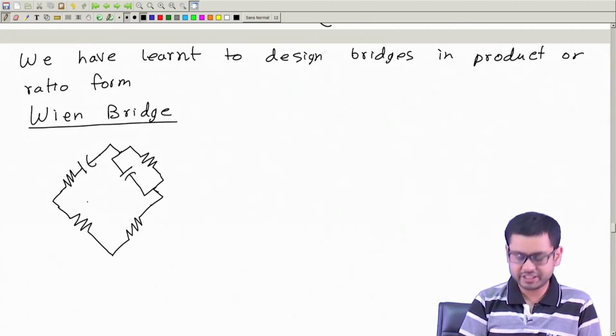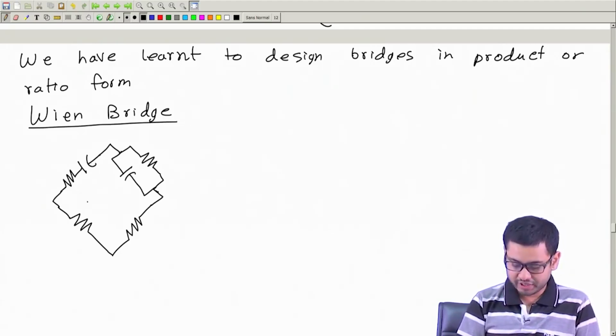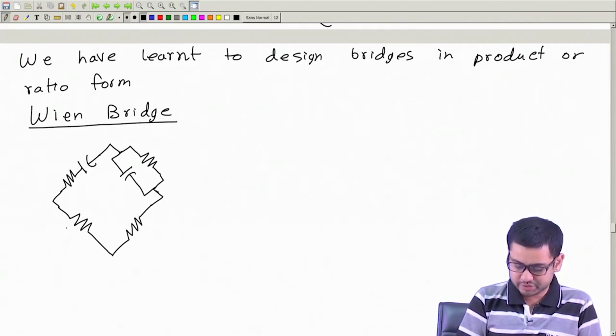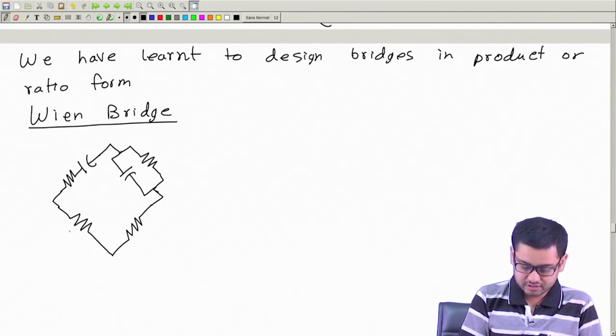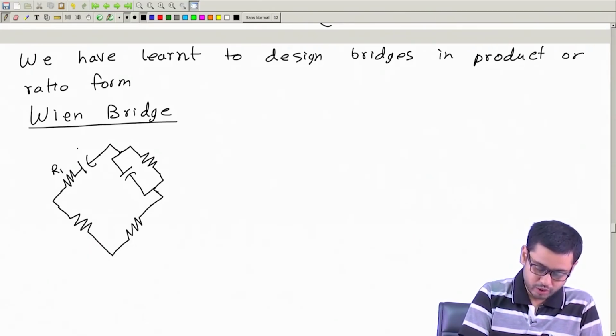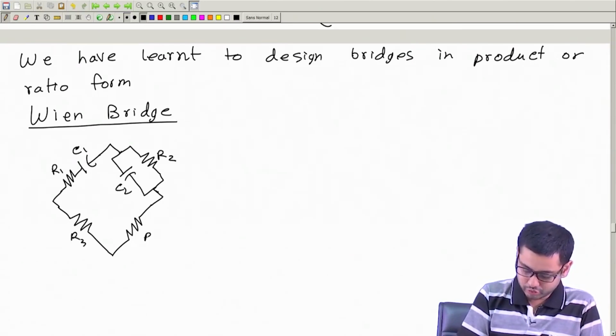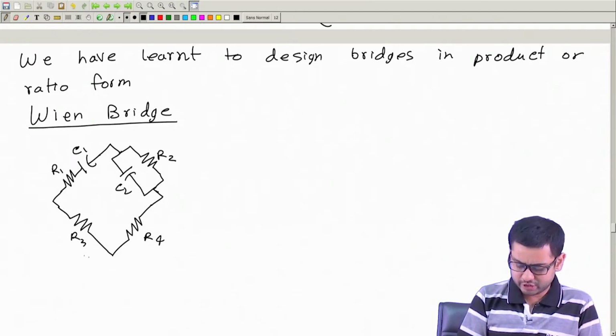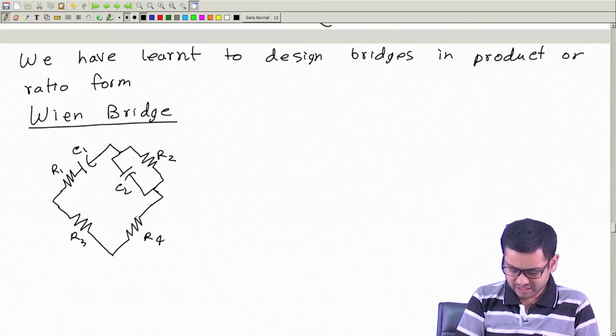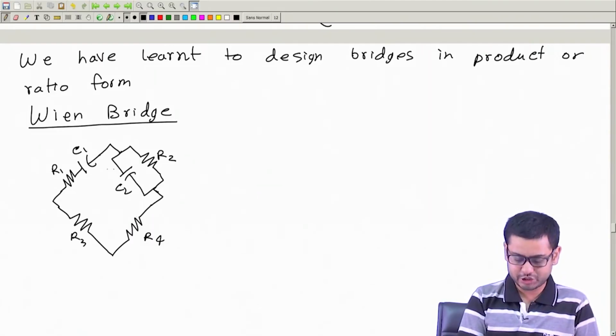This is a peculiar bridge. This is not a nice ratio bridge. You may still call it a ratio bridge because the two adjacent arms are purely real. Okay, so R1, C1, C2, R2, R3, R4. These R3 and R4 are purely real. So, you may still like to call it a ratio bridge, but at least it is not a nice ratio bridge.